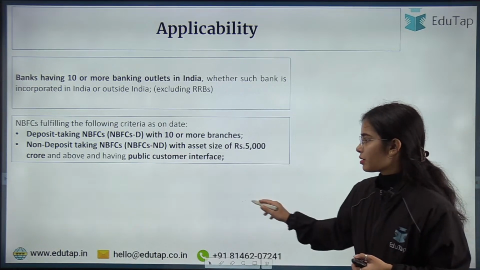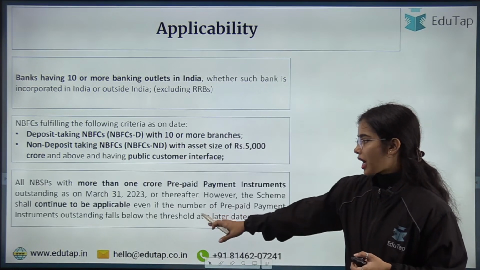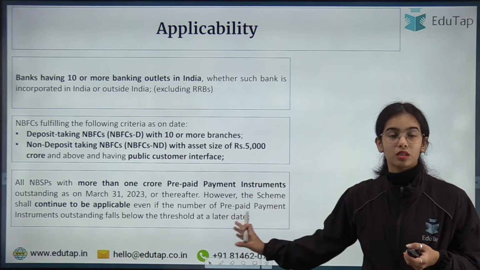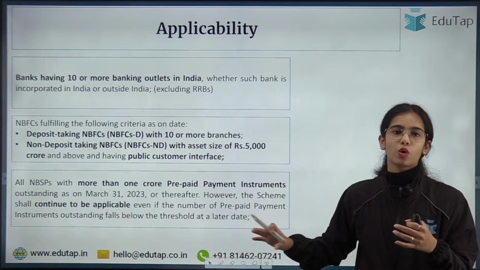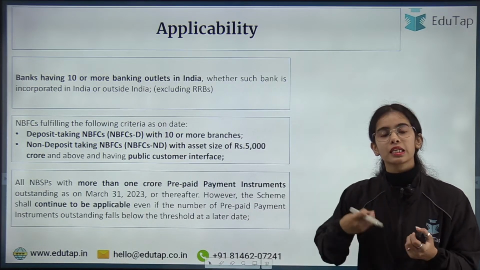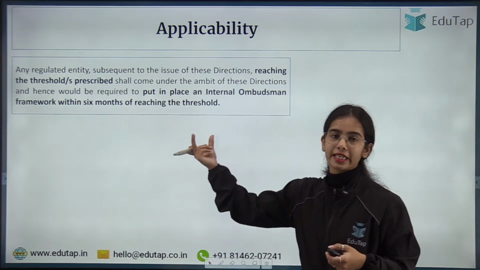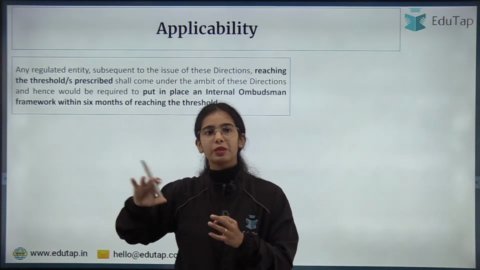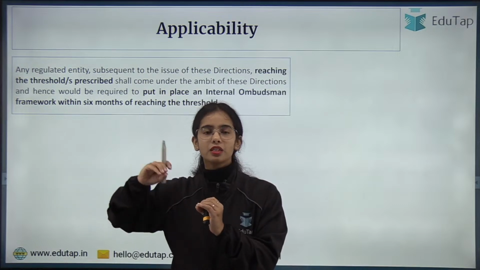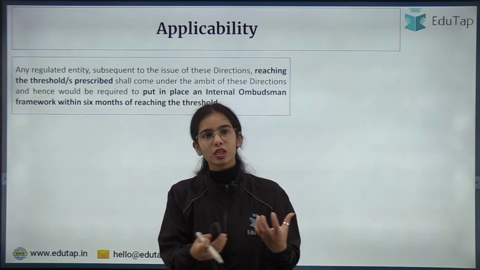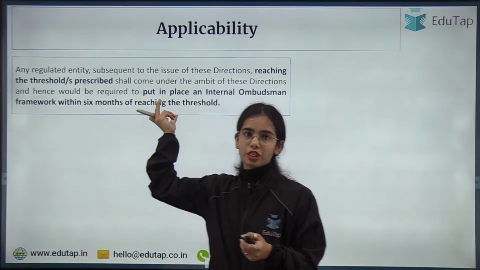However, the scheme shall continue to be applicable even if, for the NBSPs, the number of prepaid instruments or wallets is decreasing; still the applicability will continue. And any regulated entity that gets into the applicability at a later date will have to follow the master direction within 6 months of reaching the threshold.